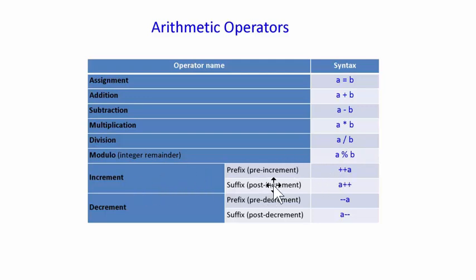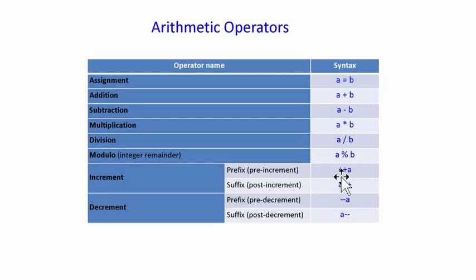Then we have increments, and what increment does is, instead of saying like A equals A plus 1, that would increment A. Okay. You can also do a shortcut where you just say A plus plus. Okay.